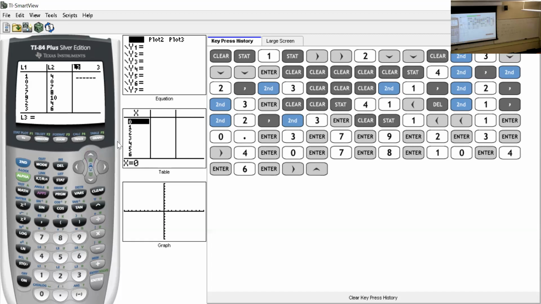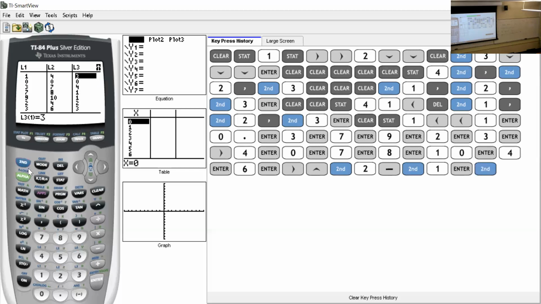So list 1 is before, list 2 is after, so we've got to do L2 minus L1, second 2 minus second 1. Enter. It's going to put all the values in. When you enter the data, be very careful. It only takes one data point to give you the wrong conclusion. So double check always. So I have the differences saved in the third list.